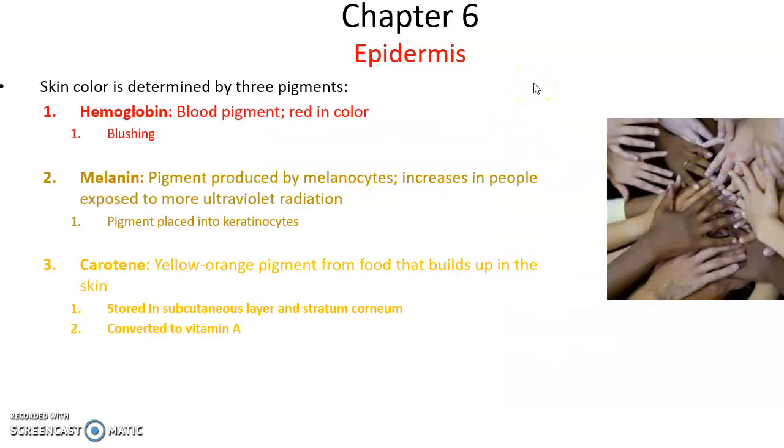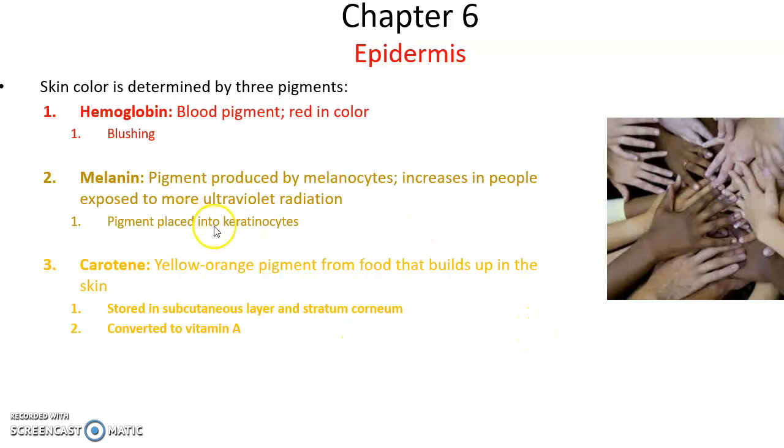Skin color. Skin color is determined by 3 main pigments: by hemoglobin, which is the pigment in our blood. And because blood vessels are near the surface of our skin, this can cause our skin to look a little pinkish, especially when someone is blushing. Melanin. Melanin is the pigment produced by melanocytes. It increases in production when people are exposed to UV radiation.